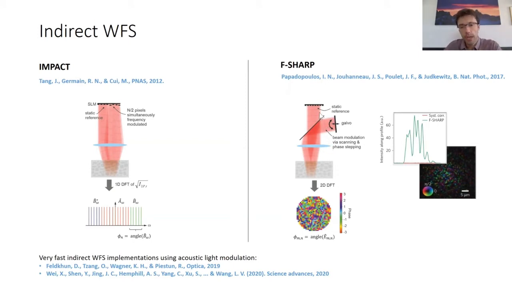In F-SHARP, we basically have an interferometer. You have a static reference beam that bounces off the SLM, is focused in the sample, and we have another beam that is steered by a galvo. The galvo scans a fraction of the light beam across the static reference beam, and we also phase step the light from the galvo such that we can obtain an interference pattern step by step as we scan.